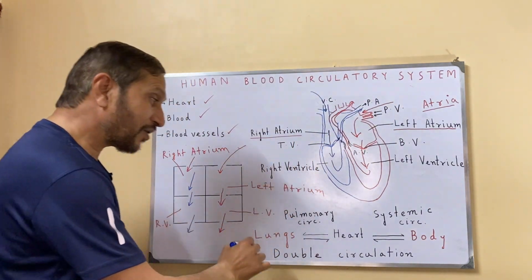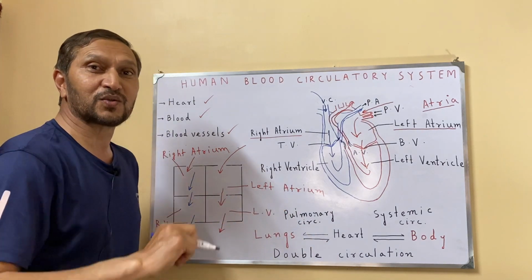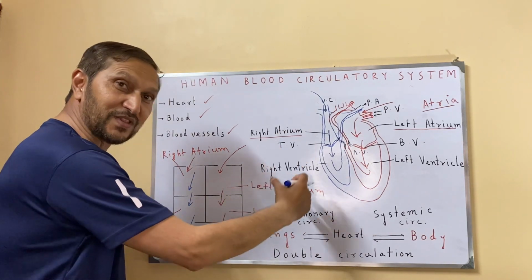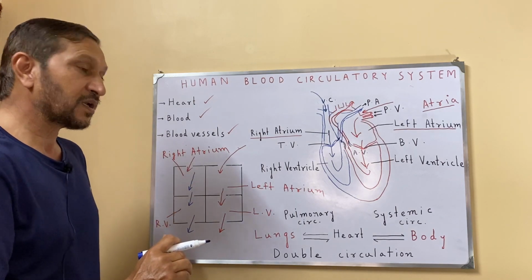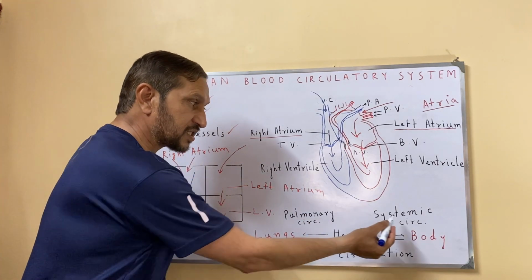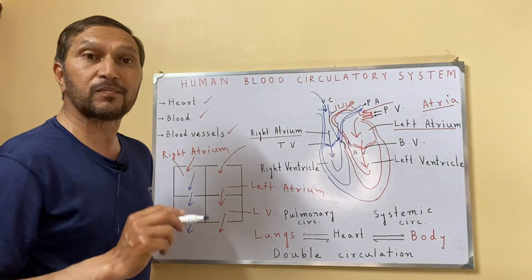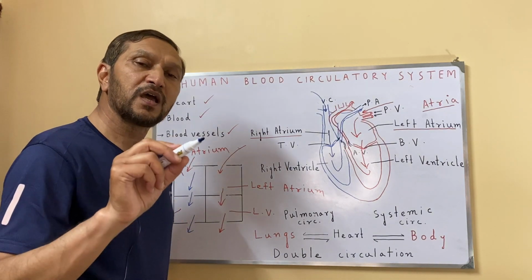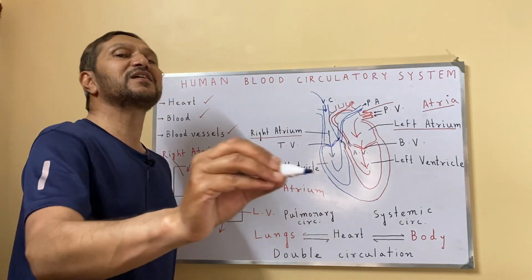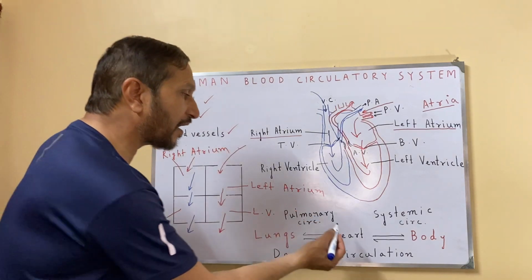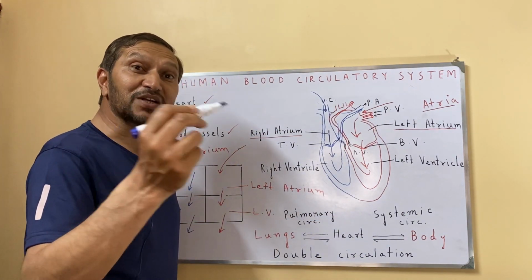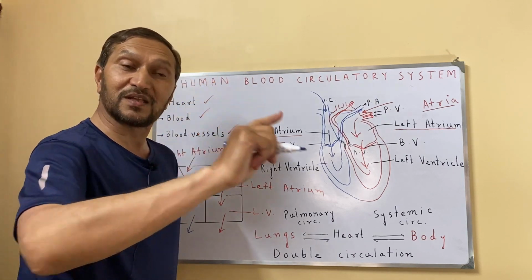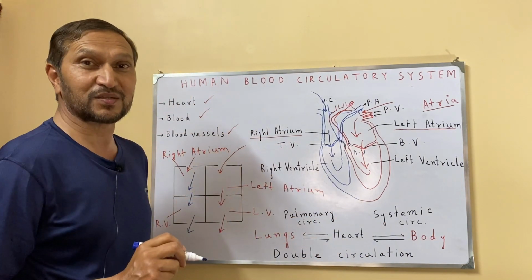So now let me explain what is double circulation. It is linked with it. What is double circulation? It means that systemic circulation as well as pulmonary circulation is taking place simultaneously in our body, and the heart is the central organ which is conducting both types of circulation.